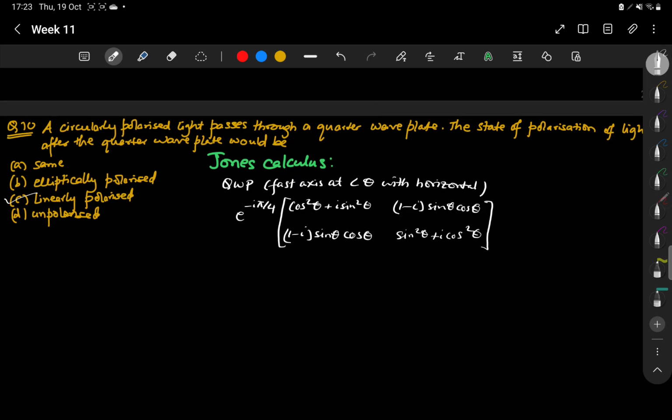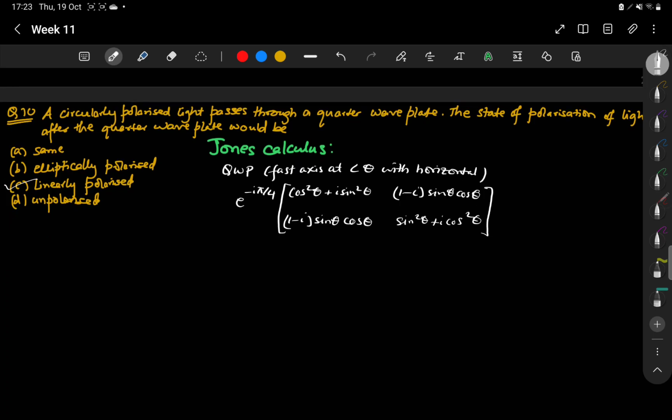So this is the Jones matrix for the quarter wave plate. And for left or right circular polarized light, we have the Jones vector, which is given as follows. Plus is for left circular, minus is for right circular.